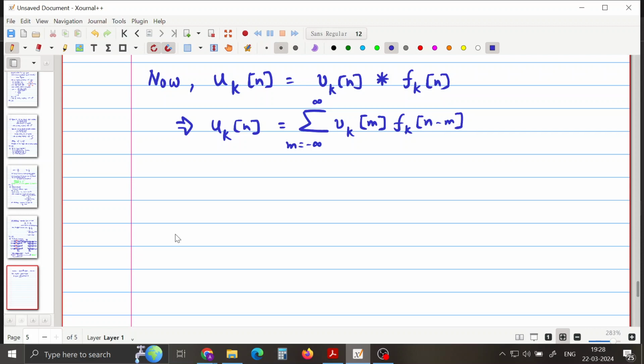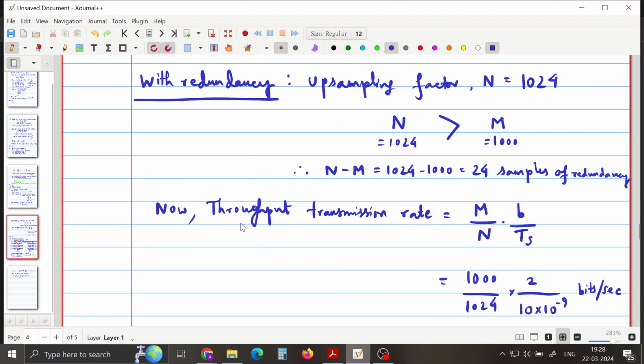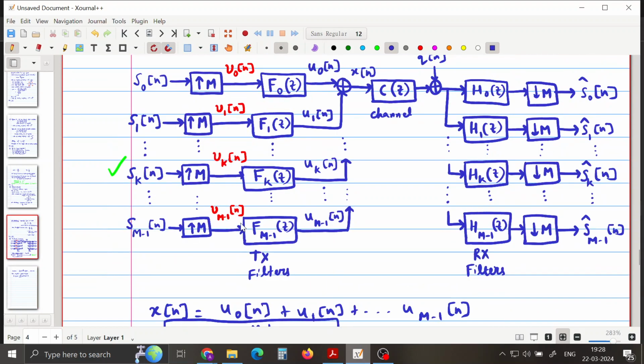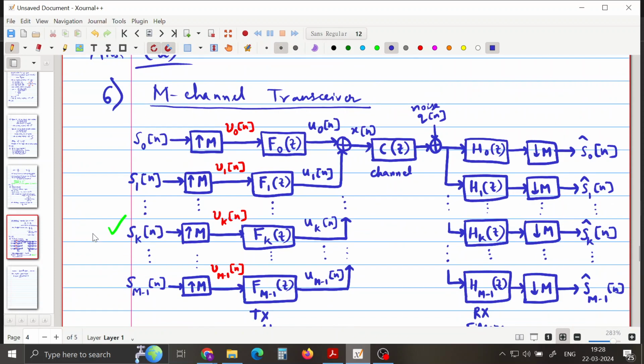And now also go back to the diagram here. Again looking at this k plus 1th branch, which is tick marked here. I'm still looking at that branch. How can you express Vk of n in terms of Sk of n? If you see, Sk of n is passed through the upsampler of factor M to produce Vk of n. We studied that way back during the initial lectures on upsampling and downsampling.